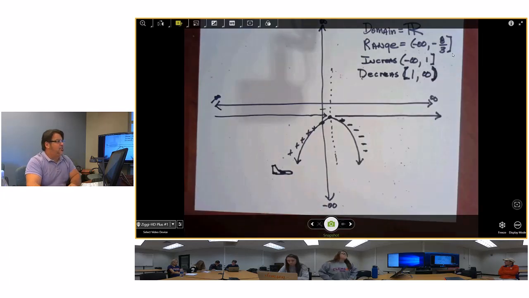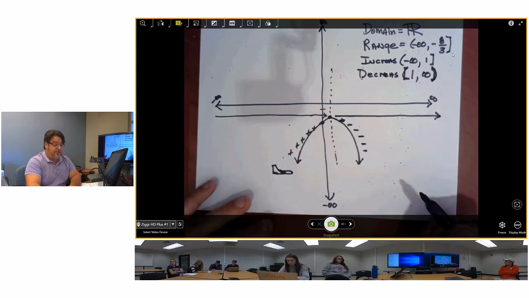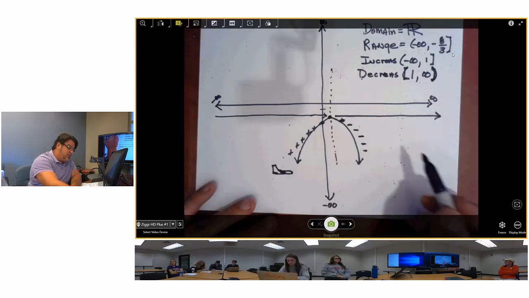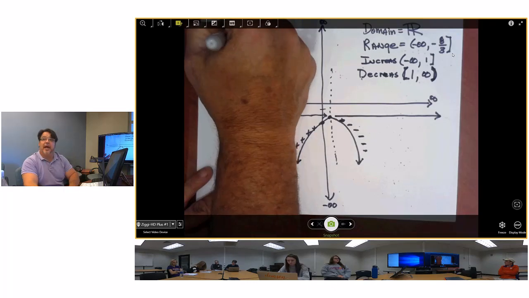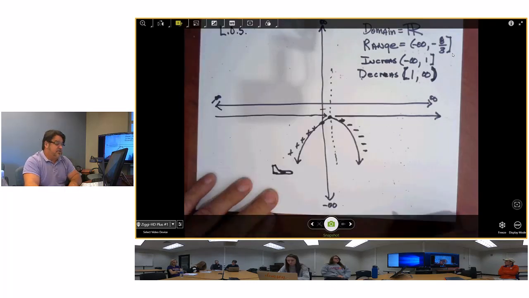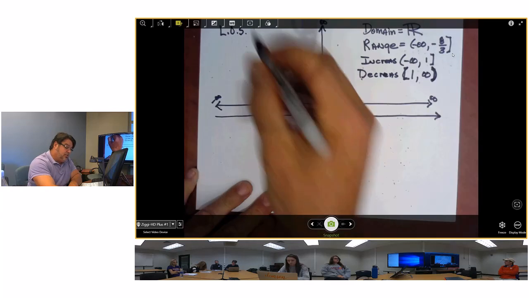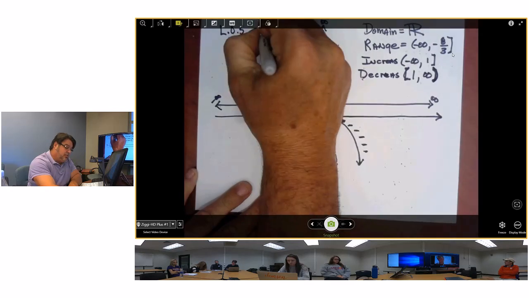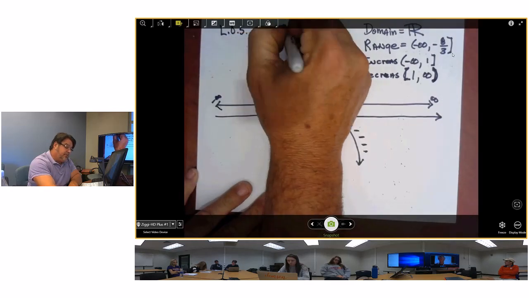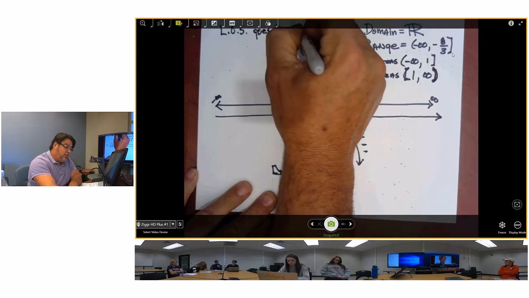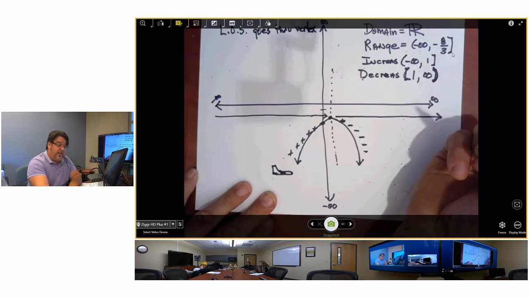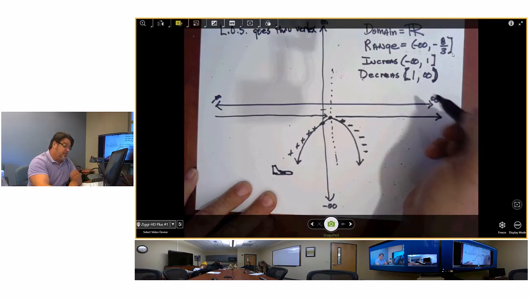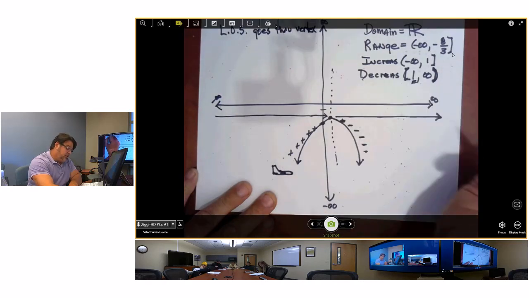What's my vertex? My vertex is my highest or lowest point. So you've got the vertex. But what always goes through the vertex? Line of symmetry goes through the vertex. So your line of symmetry will always be x is equal to whatever the x is on your vertex, which is 1.